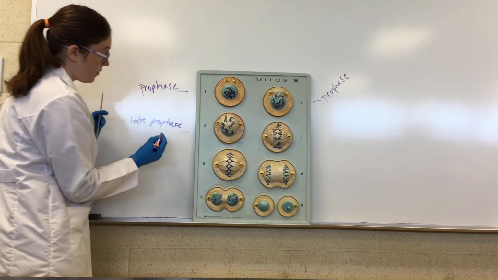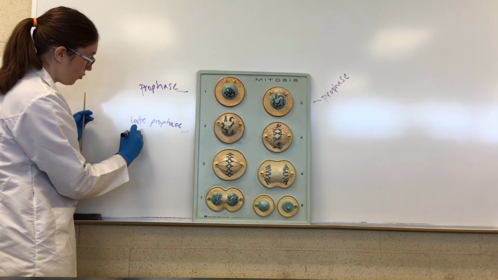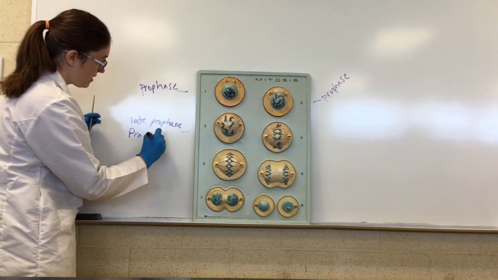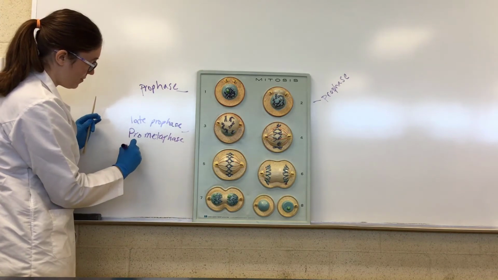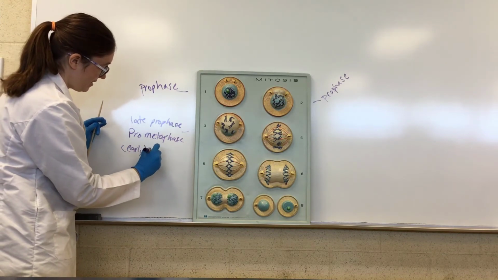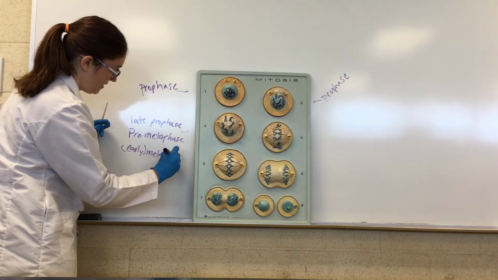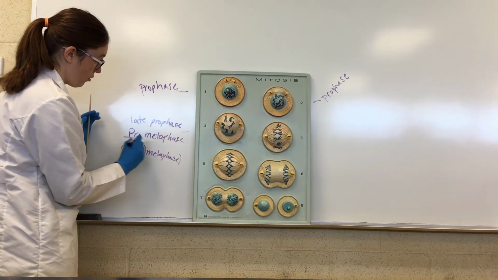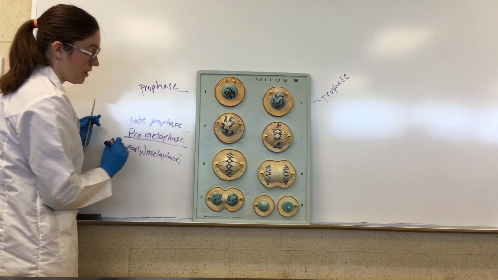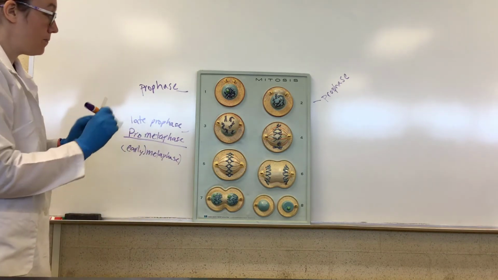A lot of books have named this part over here pro-metaphase, right? So this is the part right in front of metaphase, which kind of means early metaphase. So pro-metaphase or late prophase, I'll accept either of those.